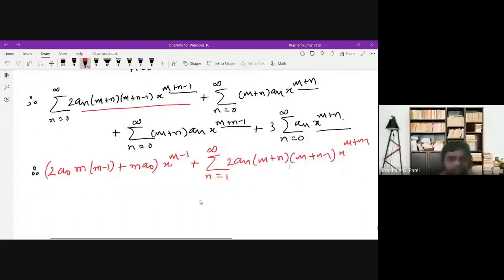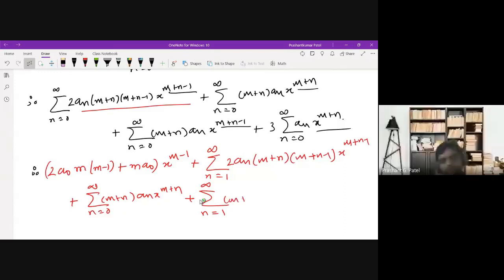The second summation is as it is. The third summation is changed. It will start with 1 to infinity. The third is also the same as it is.